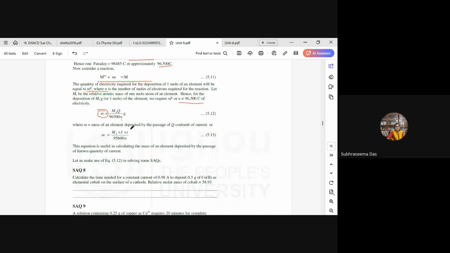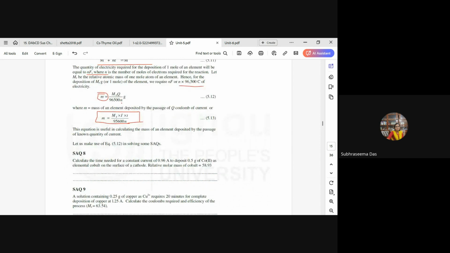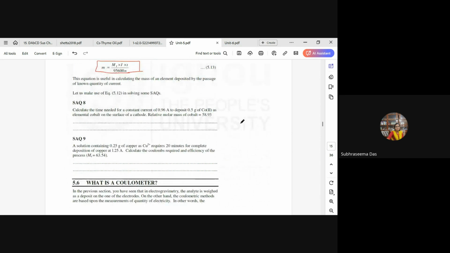Simplifying this equation, we get the value of small m. This equation is very useful in calculating the quantity of current for an electrolysis process, equation 5.13.